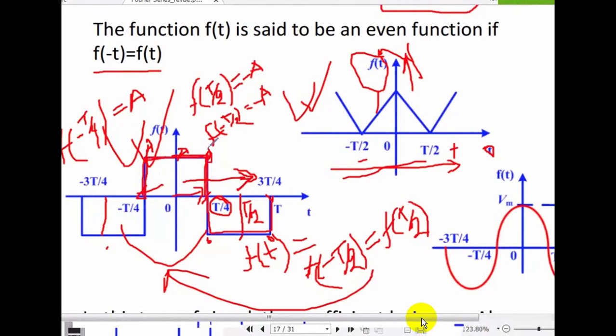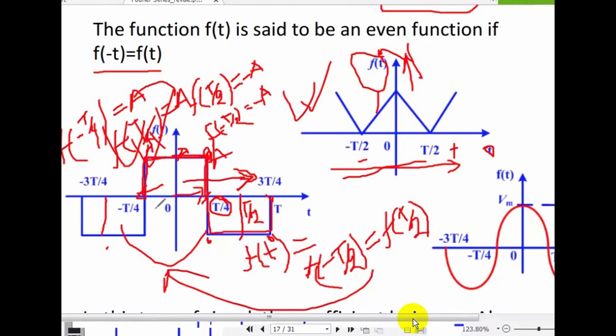So the first point is what? A. So f of t by 4 is also a. So they are saying f of minus t by 4 equals f of t by 4. So the function has even function symmetry.